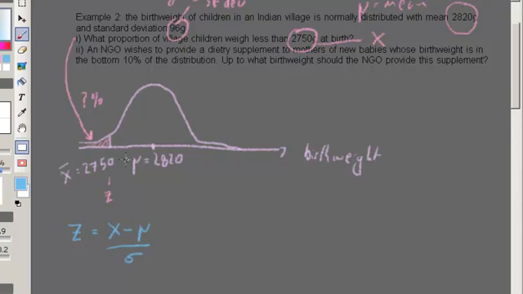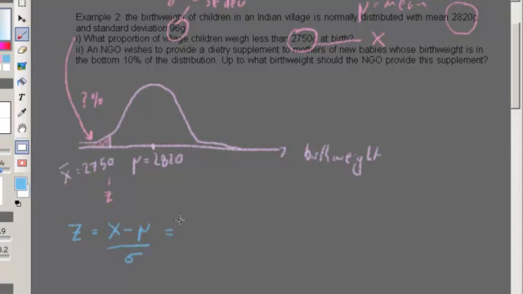Because that's the actual distance from here to here, which is going to be 70. So you're 70 below the mean, and divided by the number of standard deviations. Standard deviation is 96, so it's going to be slightly less than 1. Not quite 1 standard deviation.